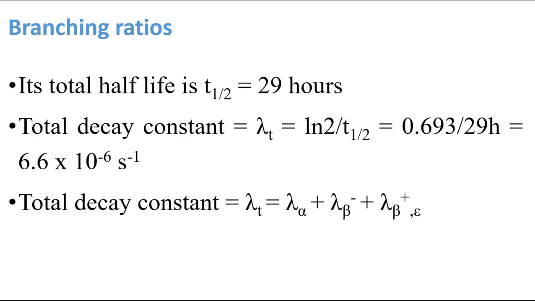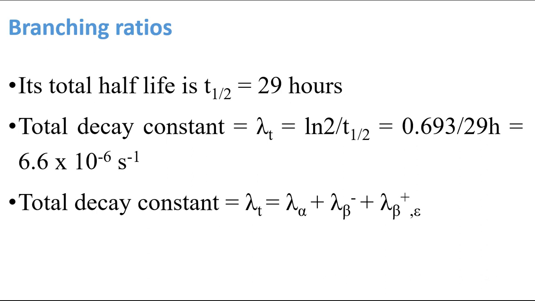So the total decay constant can be calculated by using the formula of half-life, as calculated in the last lecture, which is natural log of 2 over half-life, equal to lambda, the total decay constant. If we put in the value of half-life, we get the total decay constant equal to 6.6 times 10 to the power minus 6 per second.